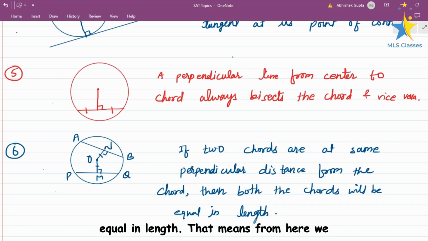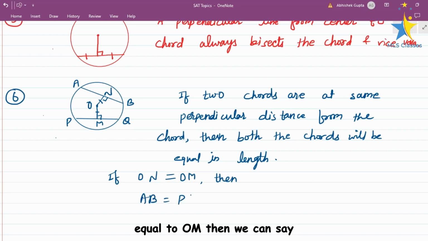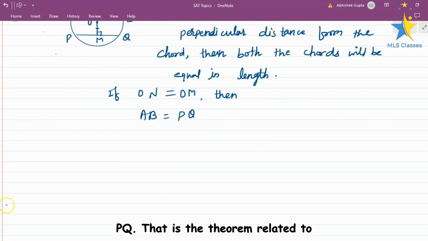Suppose these feet are M and N. If ON is equal to OM, then AB will also be equal to PQ. That is the theorem related to chords.